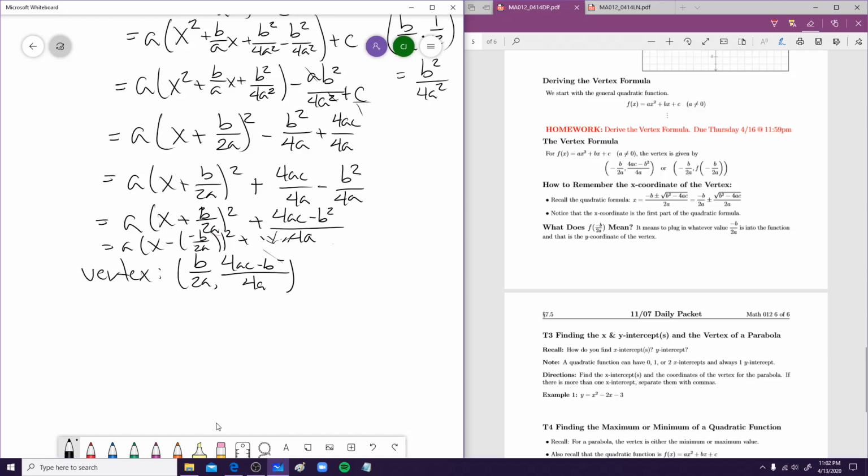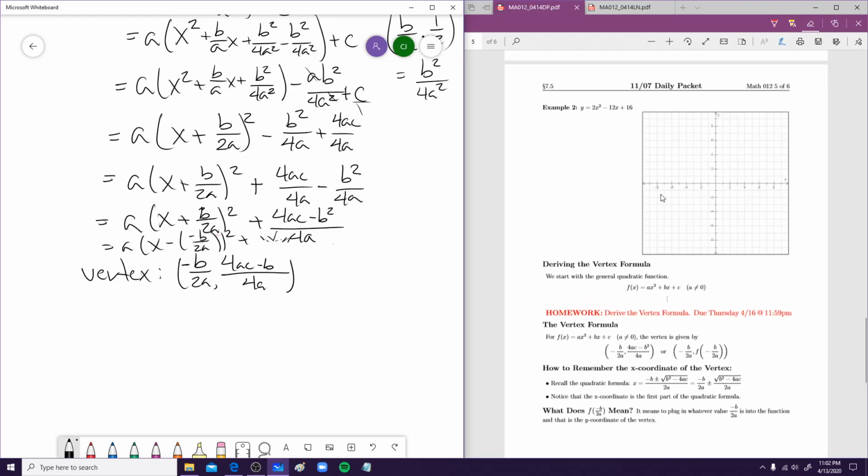So vertex form is actually negative b over 2a, and then the y component is 4ac minus b squared over 4a. So this vertex formula lets us find the vertex for a general quadratic function that looks like ax squared plus bx plus c. So what does that mean?